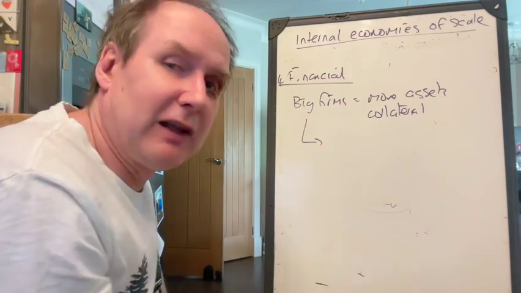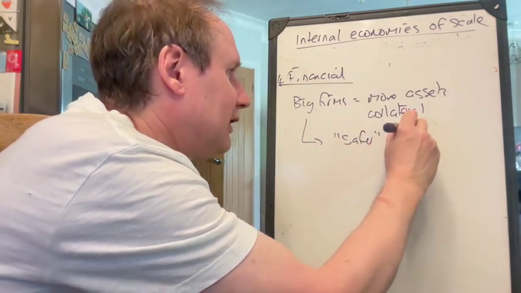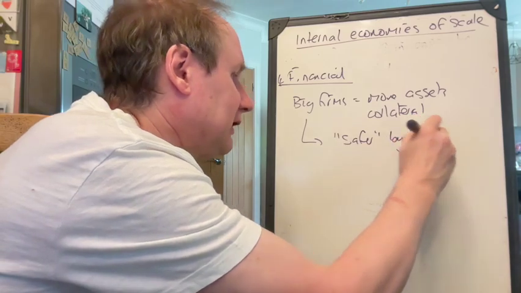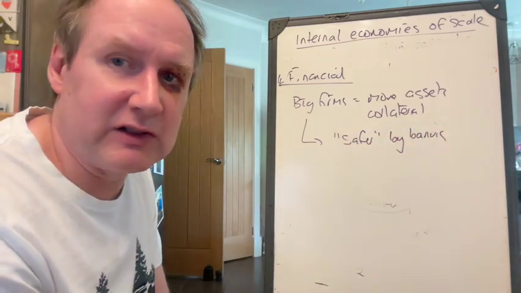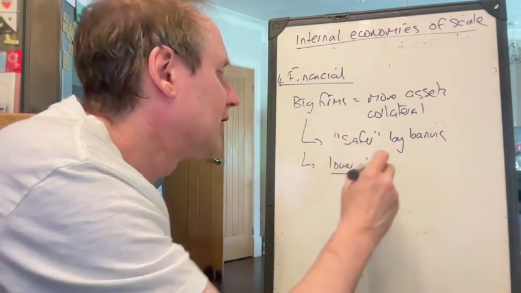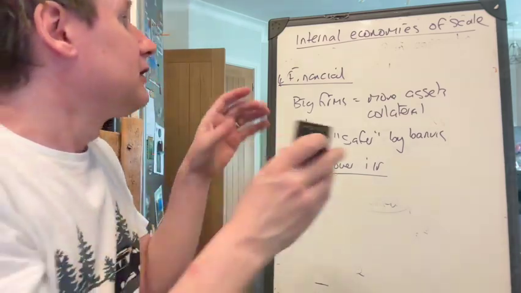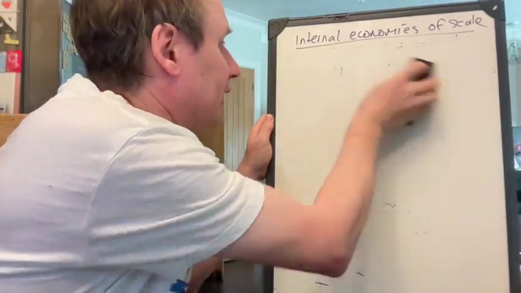And therefore, banks like them. They're seen as safer by banks, because if they go bust, then we just take their assets and sell them. Therefore, they get lower interest rates. So again, their cost per unit is lower. So what does that then look like?